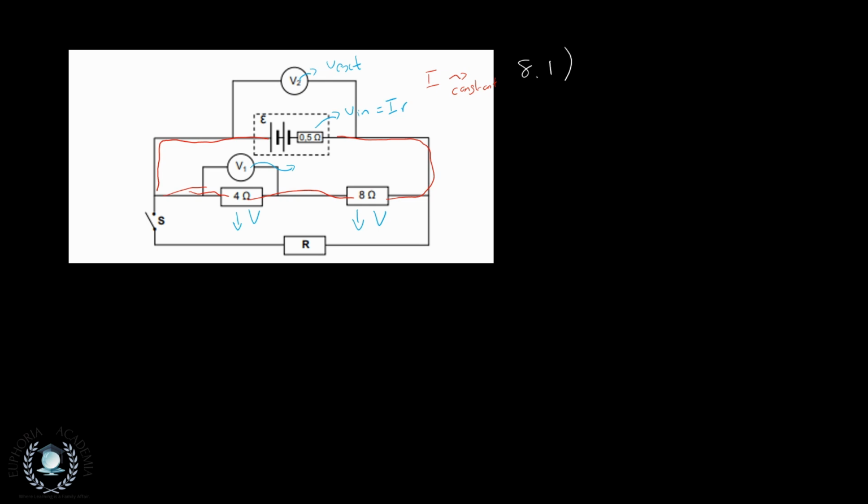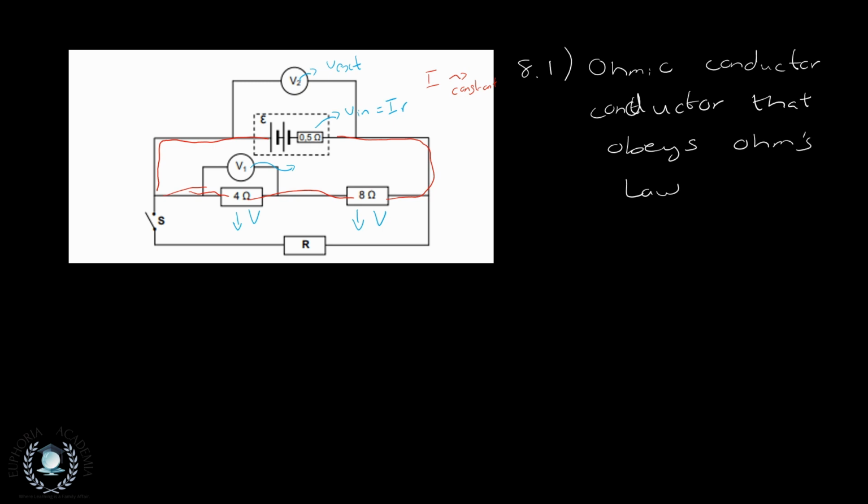An ohmic conductor is essentially a conductor that obeys Ohm's law. That's all. That is what an ohmic conductor is. And let's get into the questions that actually ask us for calculations.